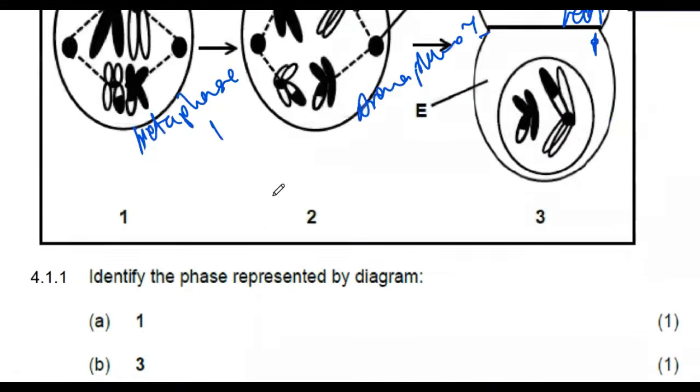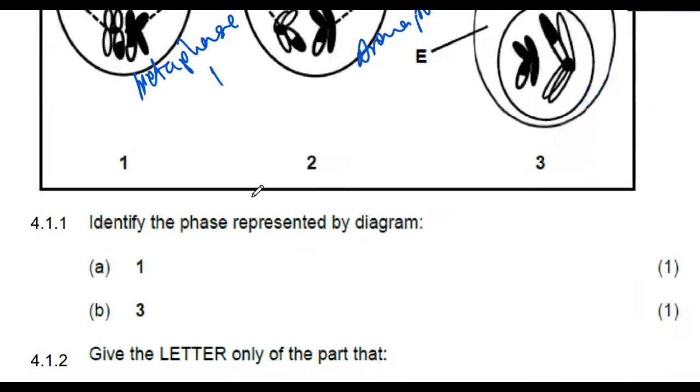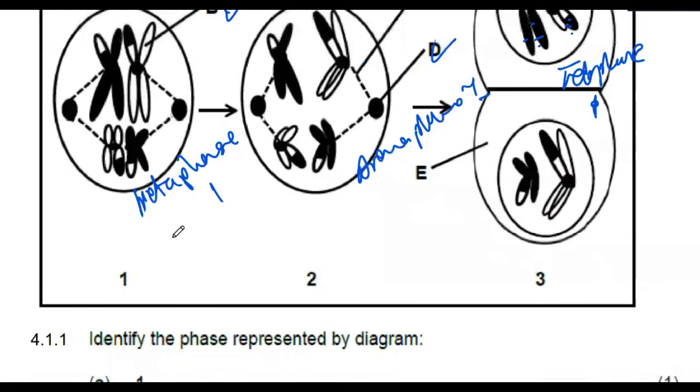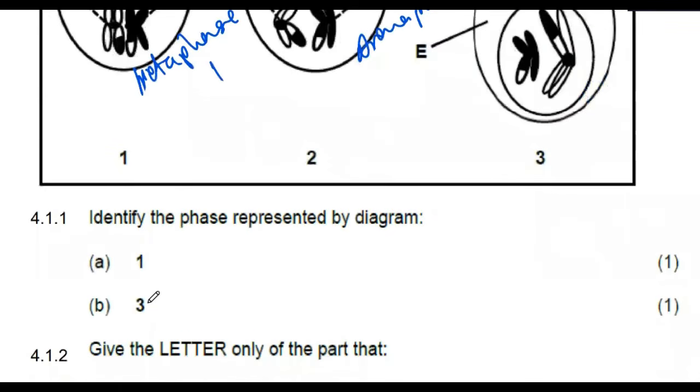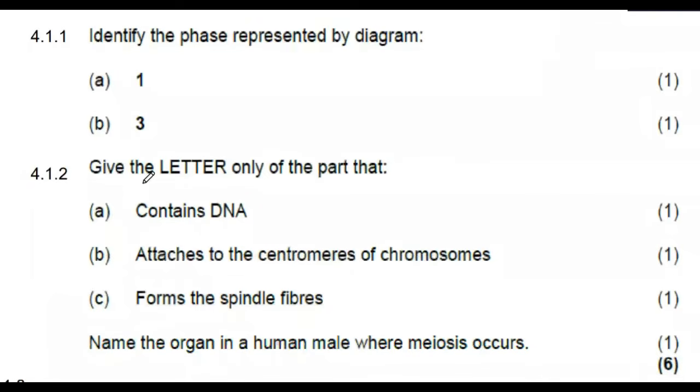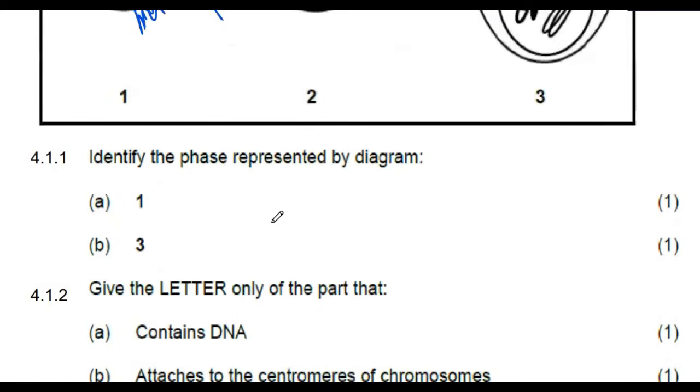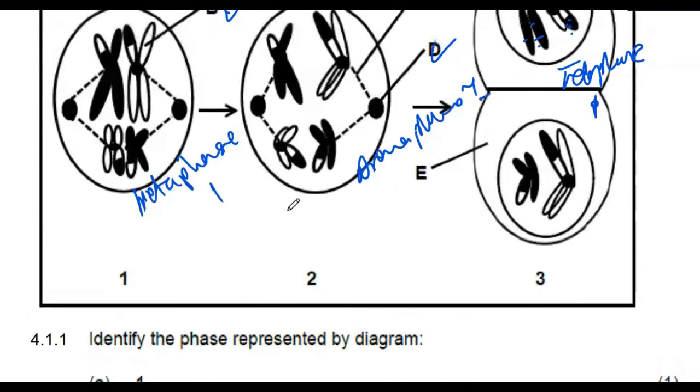So you see that once you name that, you are able to answer this question. What is phase 1? We have seen it is metaphase 1. What is 3? We have seen it is telophase 1. Then give the letter of the only part that contains DNA.